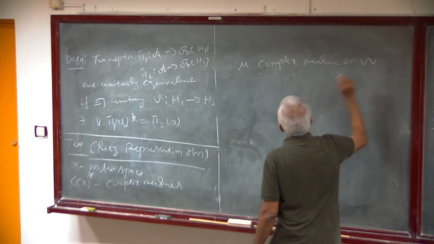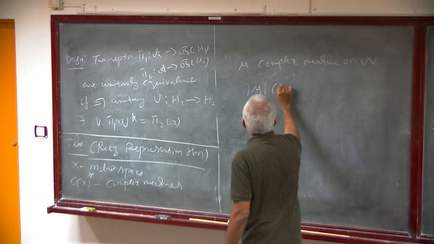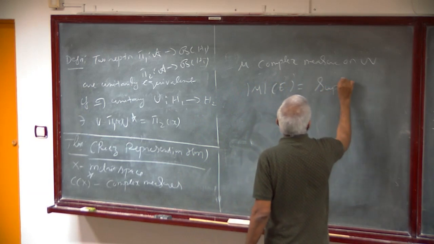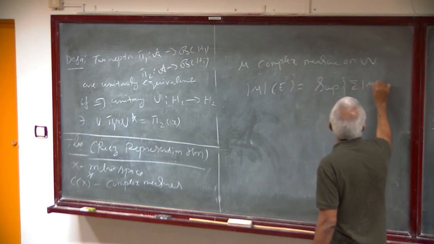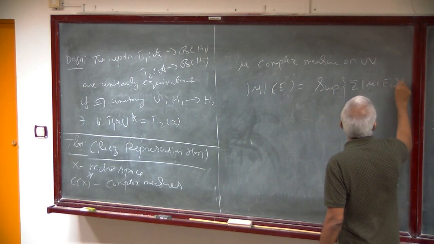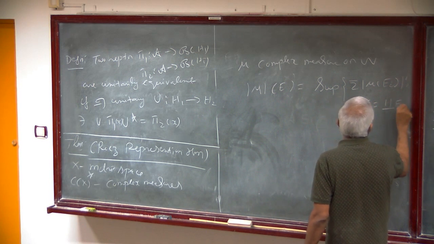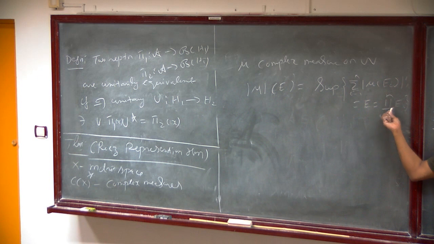on omega. Then you can talk about mod mu, which is, for any set E, mod mu of E equal to the supremum of the summation of mod mu of E_i, where this mod is the mod of the complex number, and E is equal to the disjoint union of E_i, i equal to 1 to N. You partition this E disjointly, then you take all these summations.